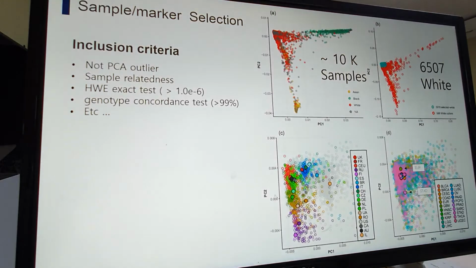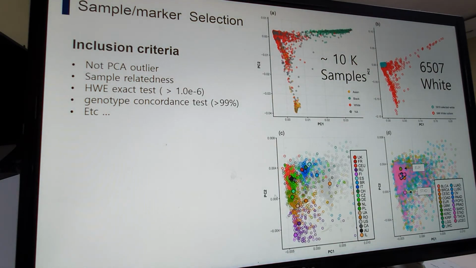Okay, the last part is AI-based technology. Sometimes we do a lot of research based on our GSA chip. The GSA chip has more than 0.7 million markers. With these markers, we can do lots of things.